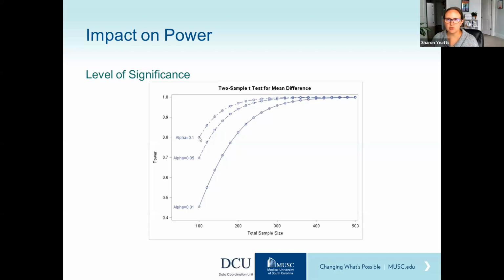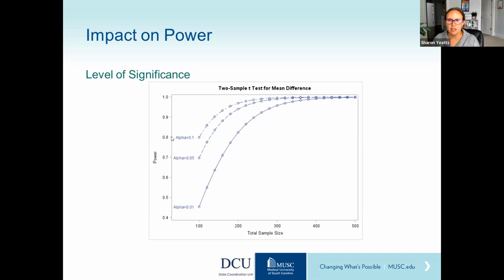And this should make some sort of intuitive sense. Earlier, I said that if I reduce the alpha level, I'm making it harder to declare, or I'm requiring more evidence to declare that the alternative is true. And what that winds up meaning is that I need more patients in order to have a certain power.